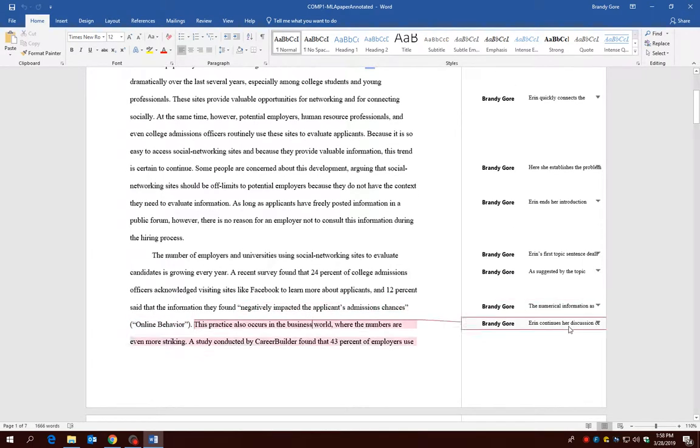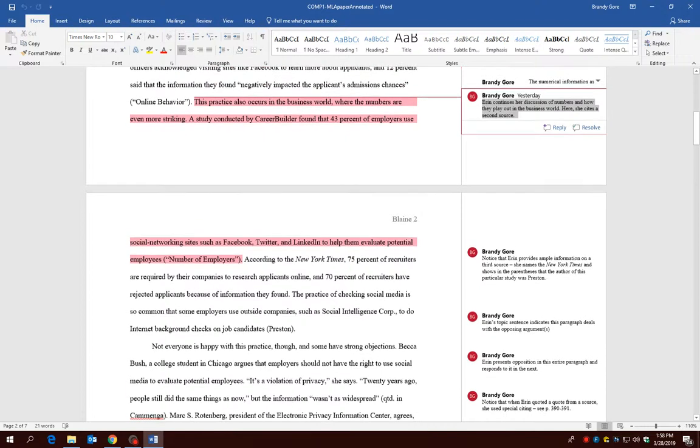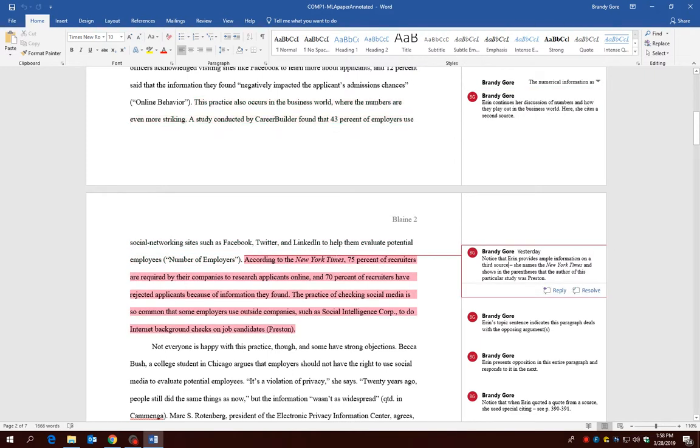She continues her discussion right here of numbers and how they play out in the business world, and she has yet a second source here. And then please note in this sentence here, she gives acknowledgement to the actual source, New York Times, to show some credibility.